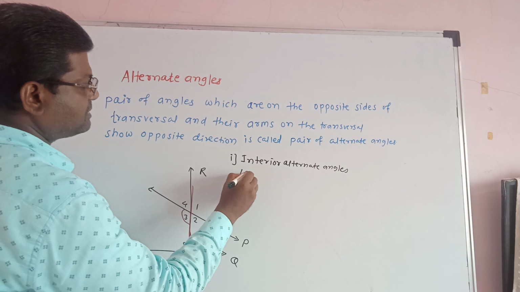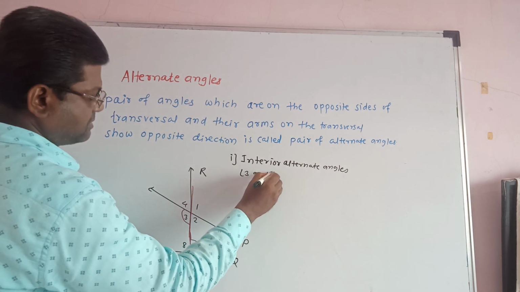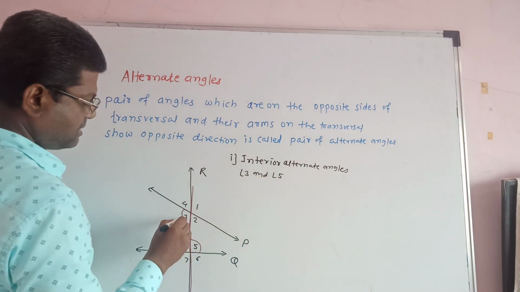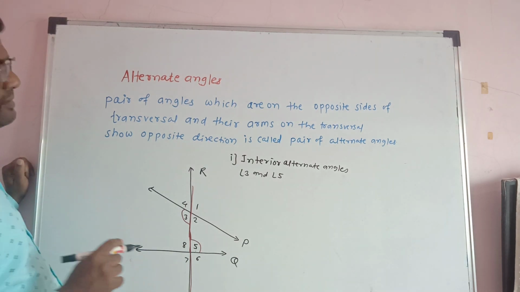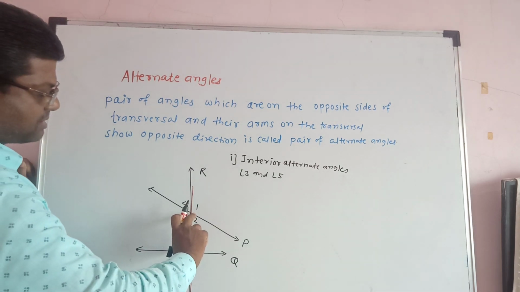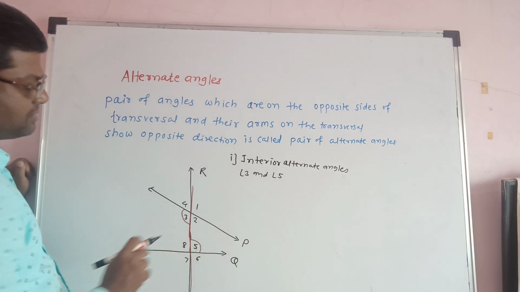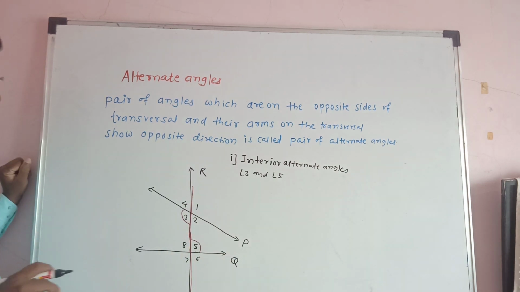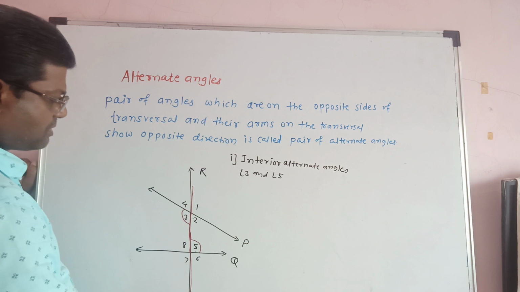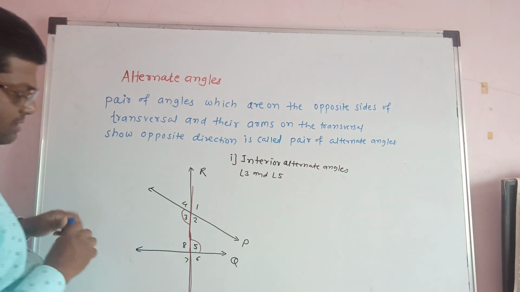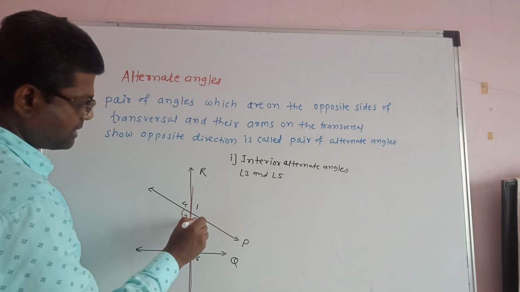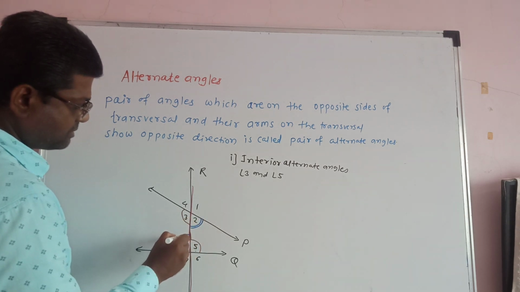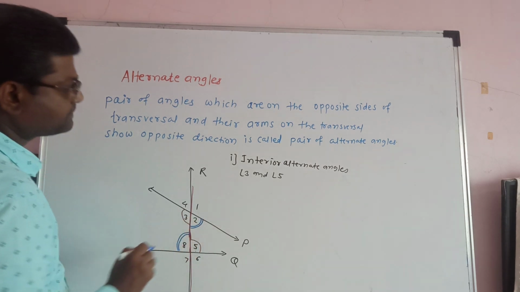So angle 3 and angle 5 are interior alternate angles because these angles are inside the lines P and Q. Similarly, we can get another pair of interior alternate angles as 2 and 8.